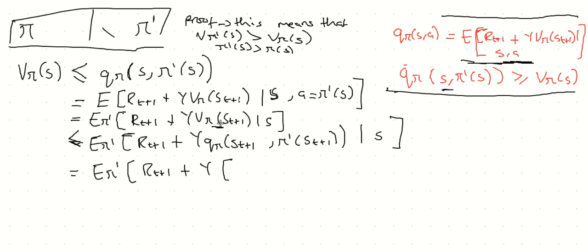You can work through this yourself as well. After replacing it, we'll have the expectation over pi prime of R t+2 plus gamma V pi of S t+2, and this is again given S.